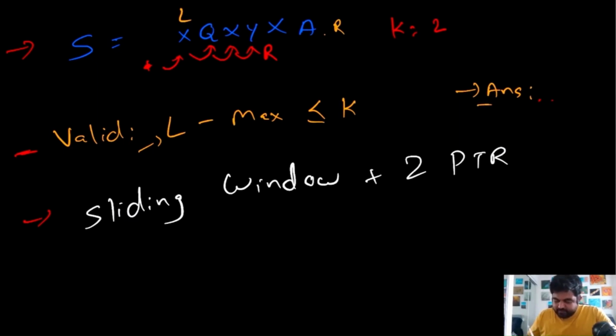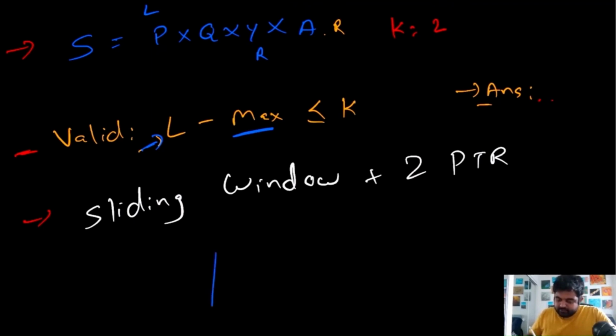Now, because we are using this two-pointer approach, we know that at any given moment we need a couple of things. First thing we need is the length. Length we can identify based on the difference between the left pointer and right pointer. That gives us the length of the current substring. Now we need to know the maximum occurrence of any particular element at any given moment. We don't know that, right?